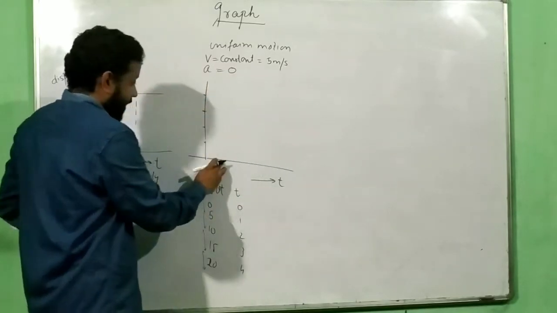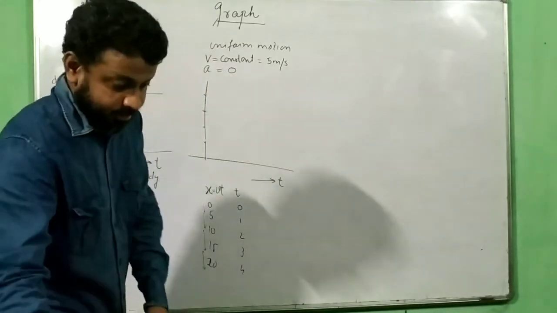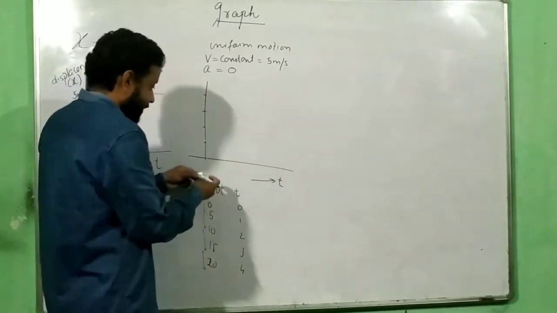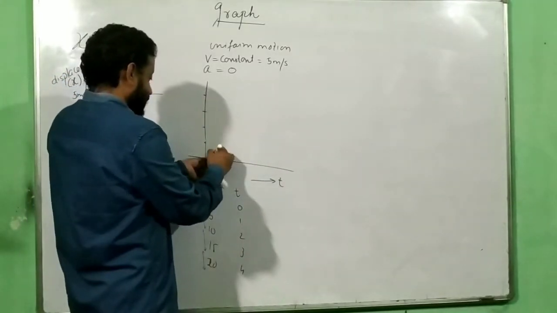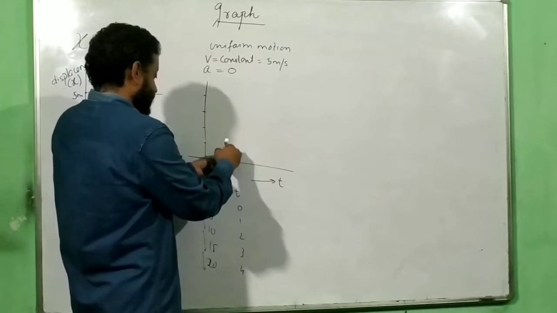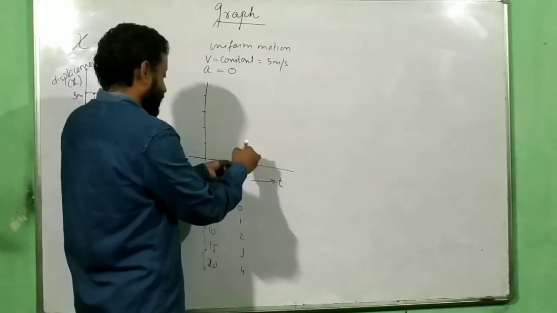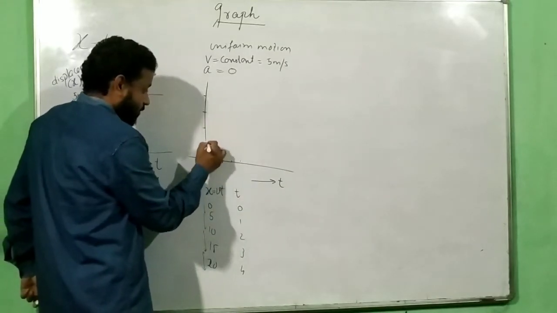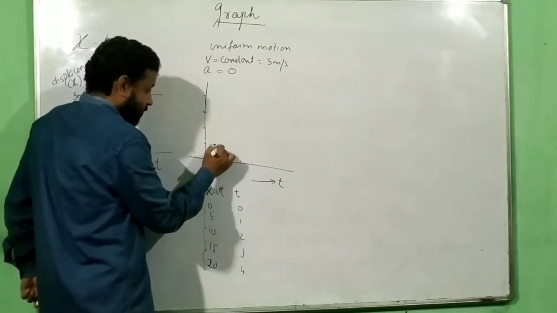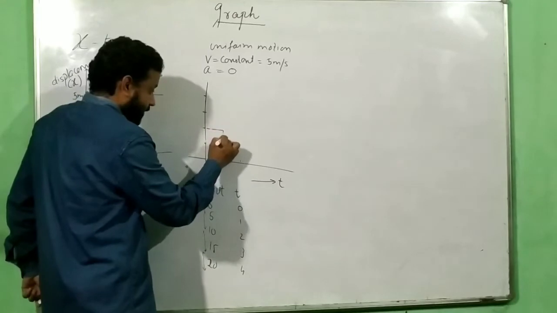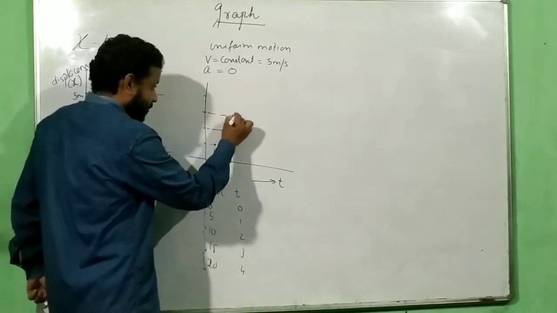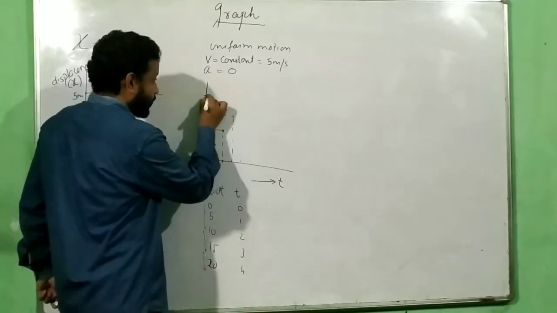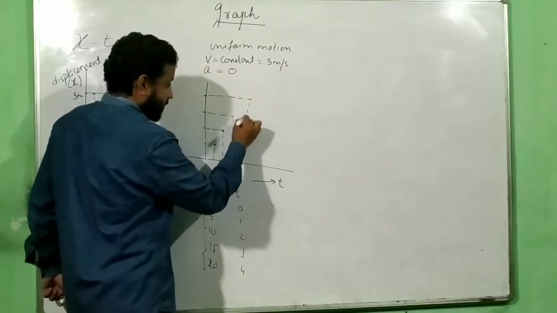And over here, this one is my 1 second, this is 2, this is 3, this is 4 seconds. So the first point is this one, the second point is this one, the third point is this one, the fourth point is this one.